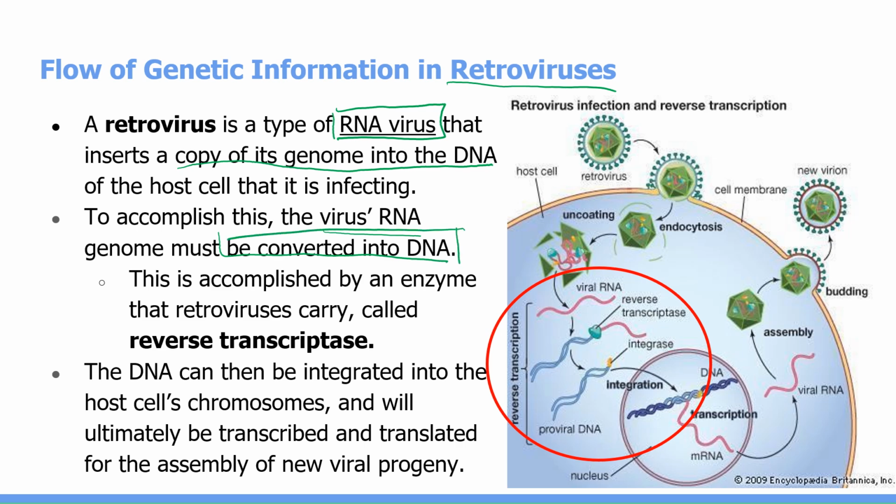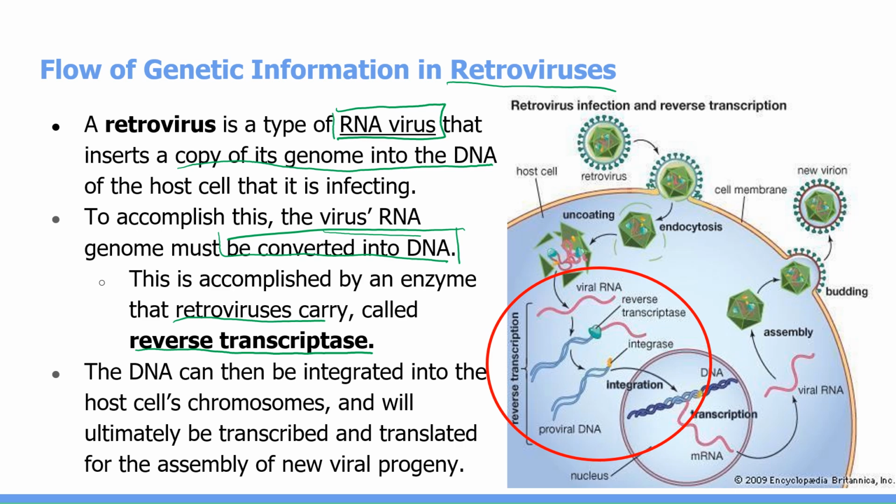That's the key. And there is one enzyme that the retrovirus contains that's called reverse transcriptase in order to do so. Okay, so the DNA can then be integrated into the host cell's chromosomes and will ultimately be transcribed and translated for the viral progeny.